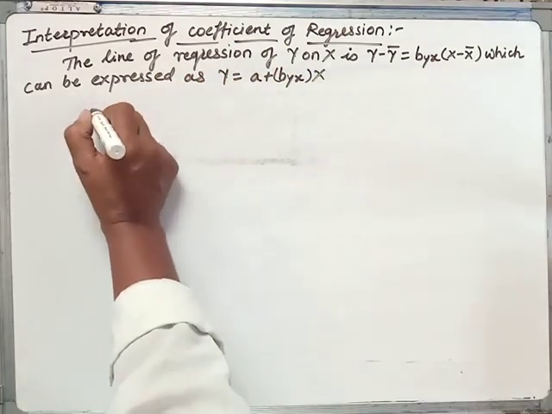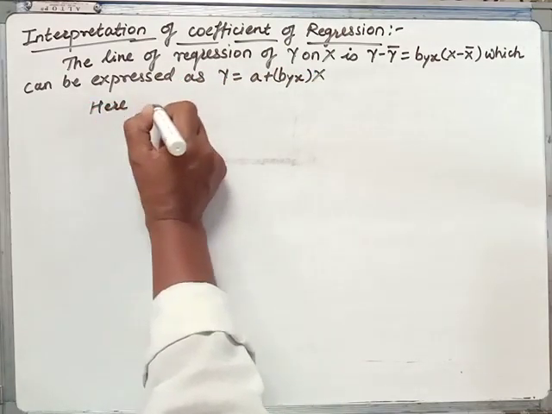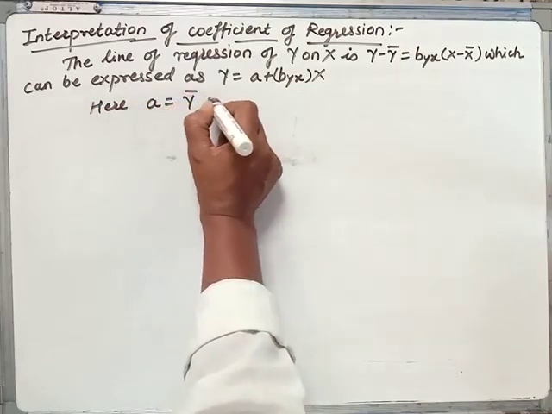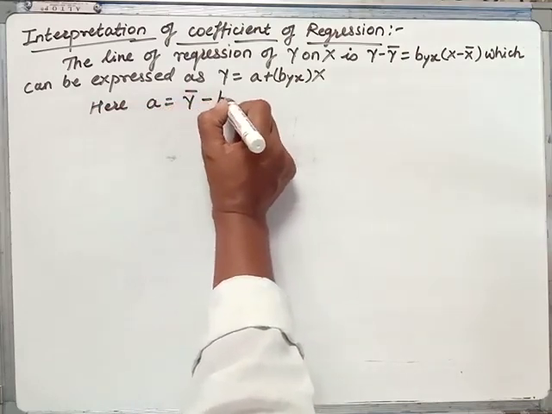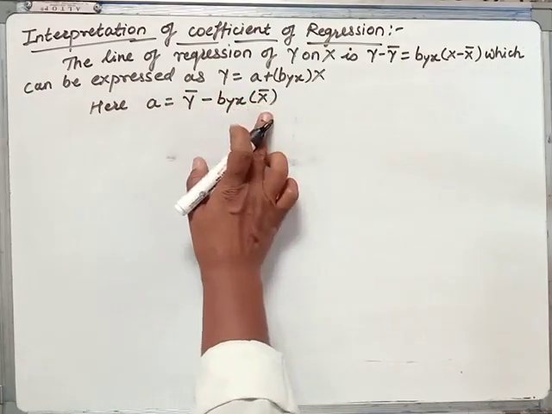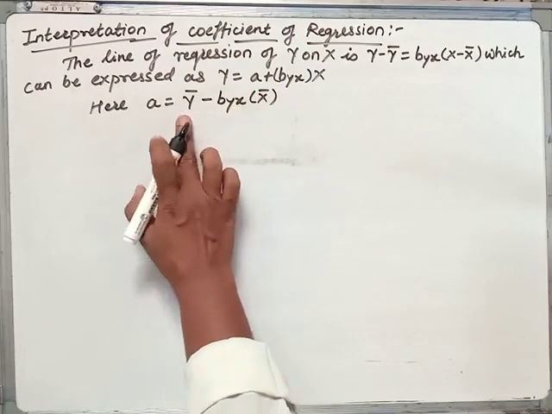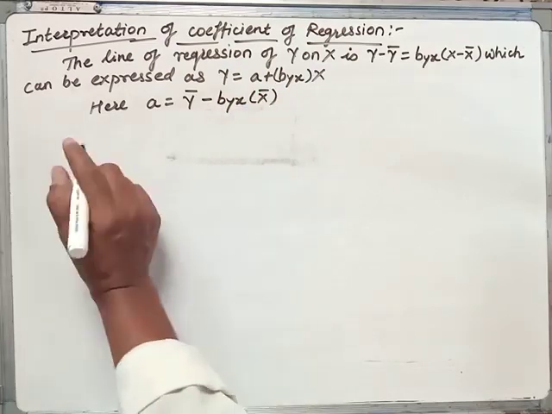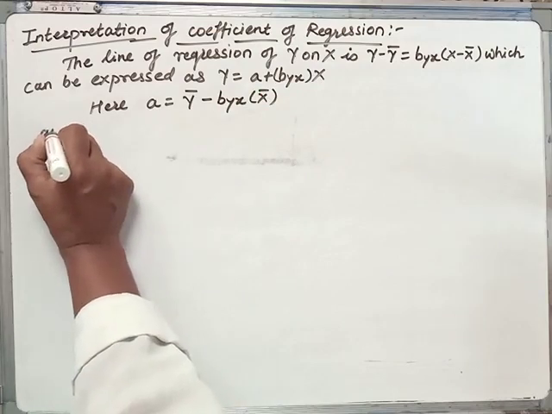Here, this a is what? a is y bar minus byx into x bar. As x bar, y bar is one of the points on it, it satisfies this. So a can be determined using the values of x bar and y bar.